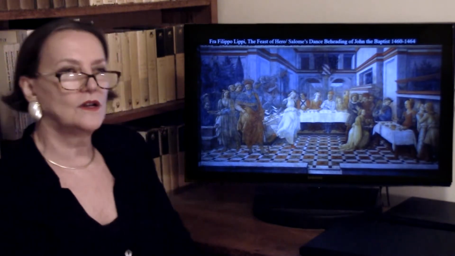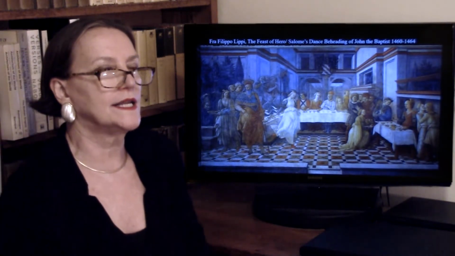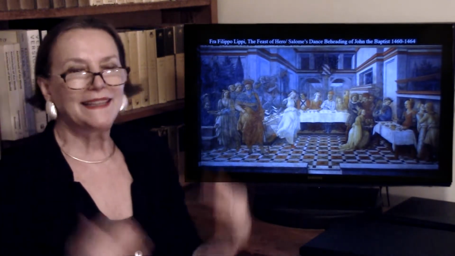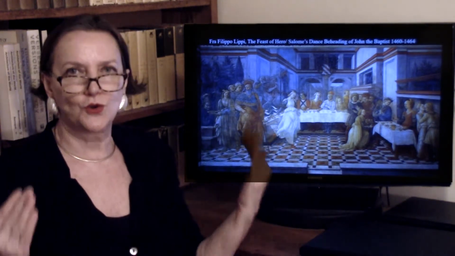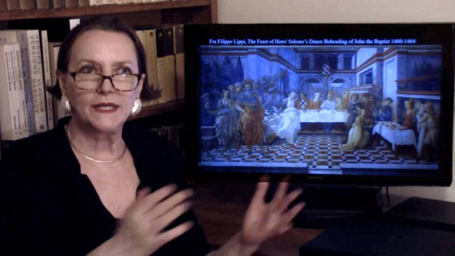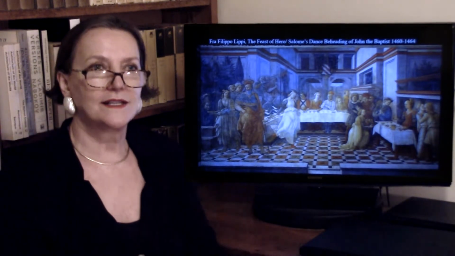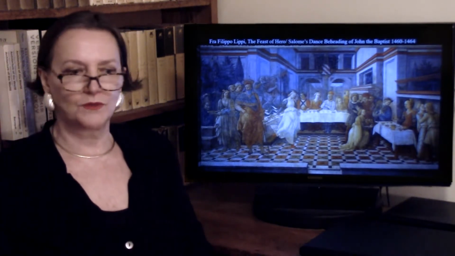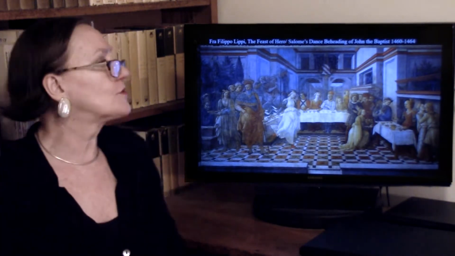This is how Donatello portrayed it earlier in the 15th century. But this is how the scene is usually portrayed. It's always the Feast of Herod, and the head is already severed, and it is brought before Herod and Herodia, or just Herodia alone.